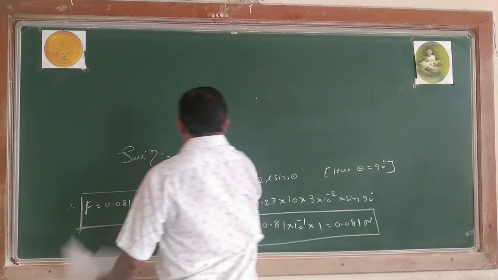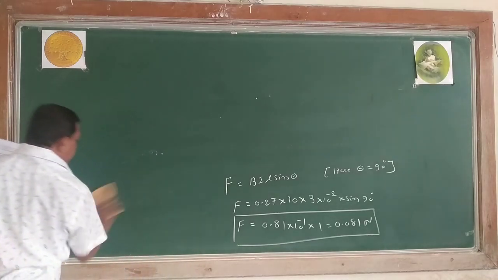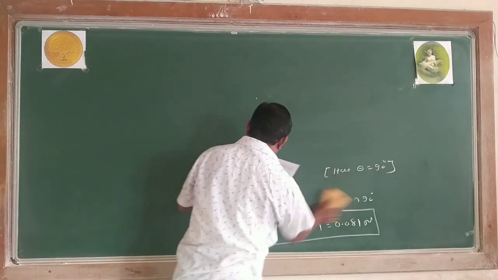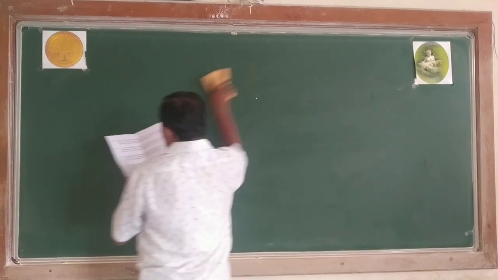Seventh problem. Two long and parallel straight wires A and B. He has mentioned. It is 7th problem.